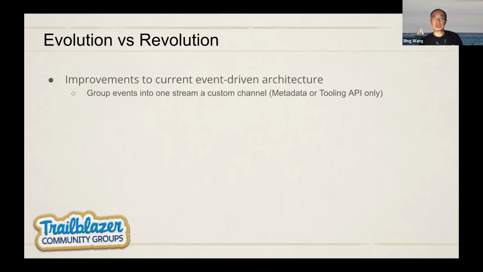At this point, the custom channels can only be created by metadata or tooling API. So it's a little less convenient, but still a very good first step. And then you can filter your stream of events with those custom channels. You can define custom channels, but also have very fine-grained control over what events go through those channels. It's really about efficiency, and I'll talk about it more in the next slide.